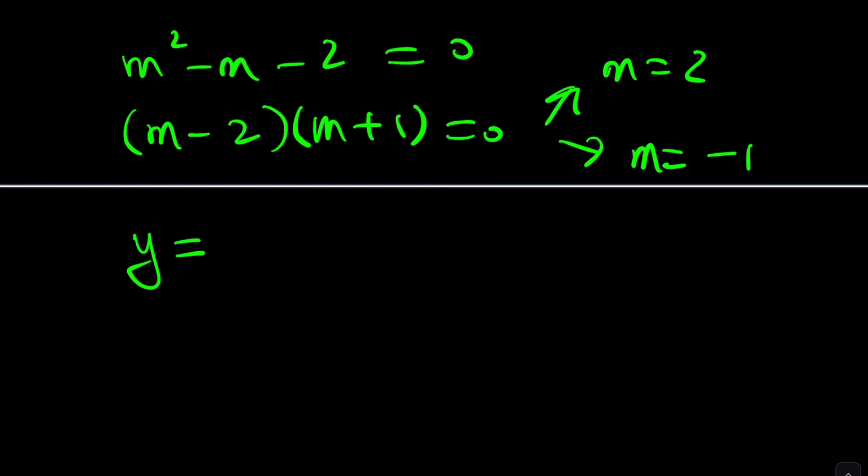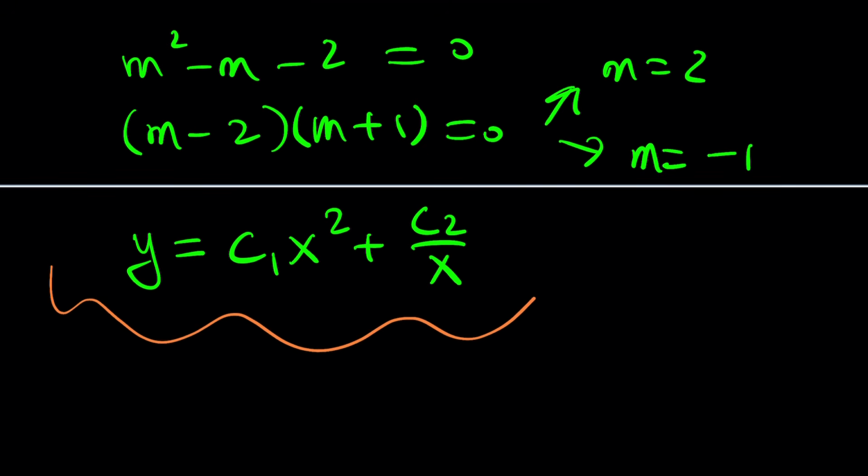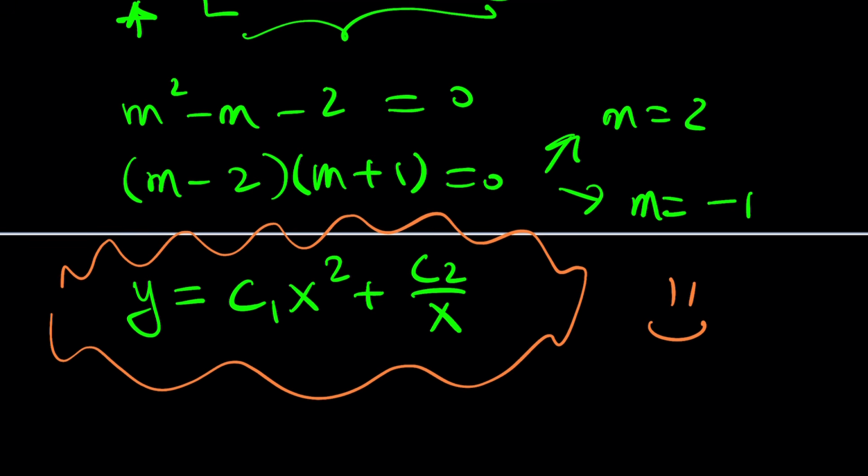So now we can do the linear combination of those two solutions, and that'll give us c1 x to the power 2 plus c2 times 1 over x, which is c2 over x. And again, this gives us the exact same solution, but I think this method is a little bit shorter, don't you think? And obviously, you don't want x to be 0 in this case, do you?